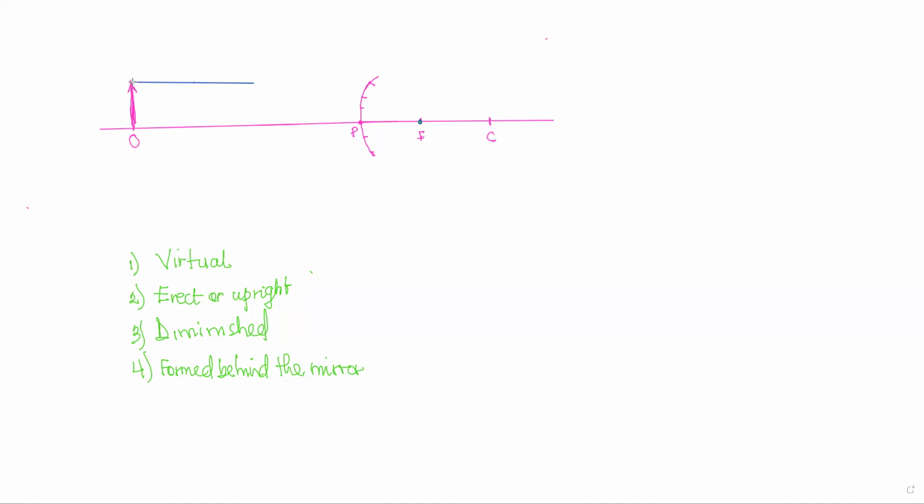A ray of light parallel to the principal axis will be reflected, and the reflected ray always appears to come from a point on the principal axis. So incident, reflection.